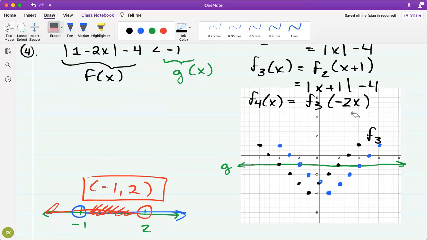So remember, a negative on the inside. I'm not worried about the 2 right now. If I just put a negative, it's a reflection about the y-axis. So I'm just taking the mirror image of this. And then we stretch everything by 2, or you can think of it as compressing this way, or you can think of it as pulling it up this way.